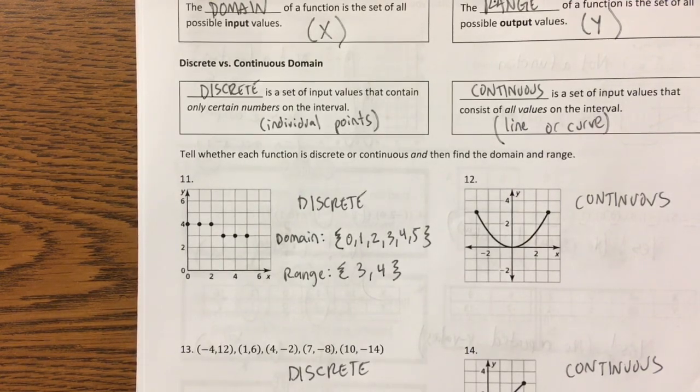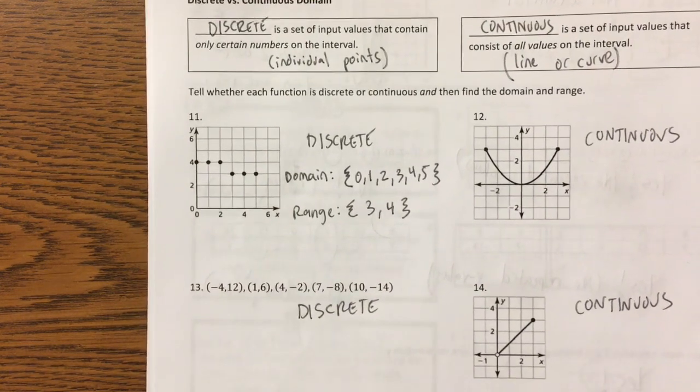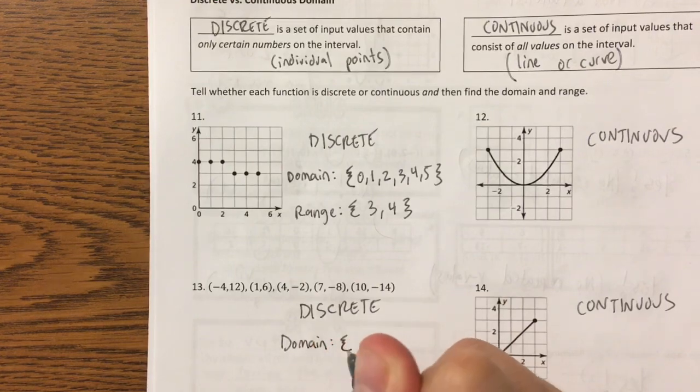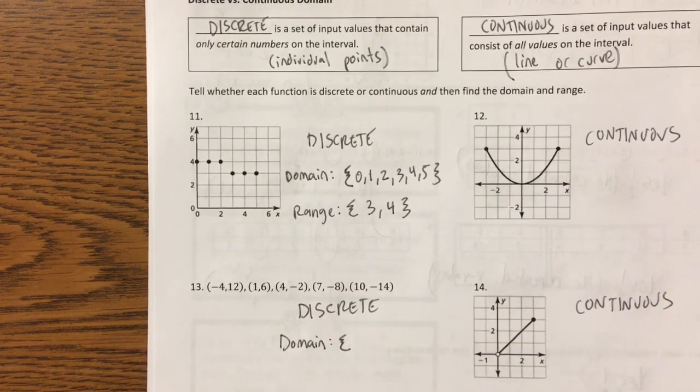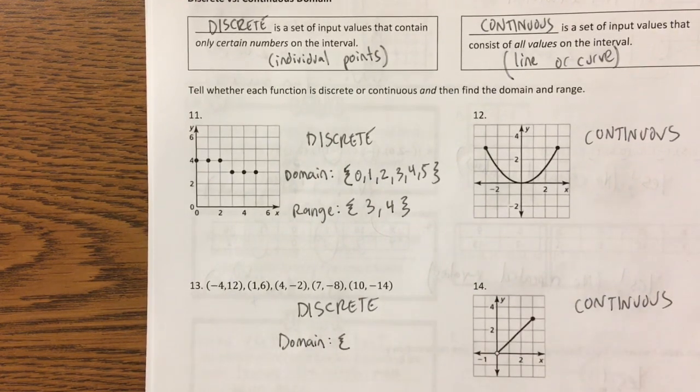So let's do the other two discrete ones, and then I'll show you how to write domain and range if it's continuous. For number 13, the domain: you don't even have to worry that they're in order, just list all the x values. If anything repeats, you don't have to list it twice. If you do, it's not wrong, but you don't have to.